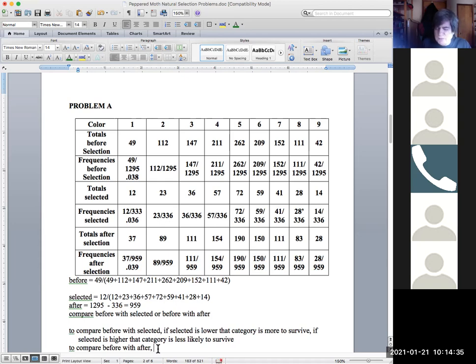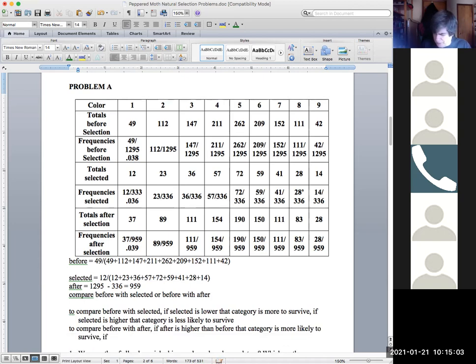If we're comparing before with after, if the after is higher than before, and when I say after and before, I'm talking about the frequencies. If the after is higher, that category is more likely to survive.